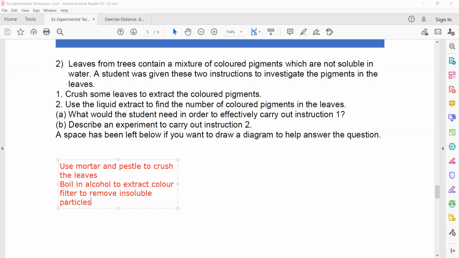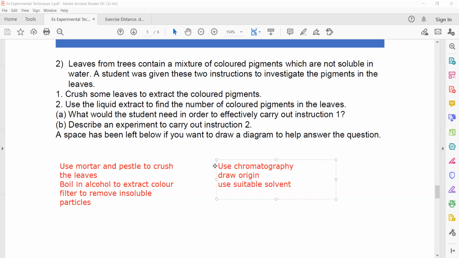Then how can we identify how many colored pigments are there? So for that purpose we can use chromatography. Then draw the origin with pencil, then use a suitable solvent, not water. You cannot mention water, as I mentioned it is insoluble in water.